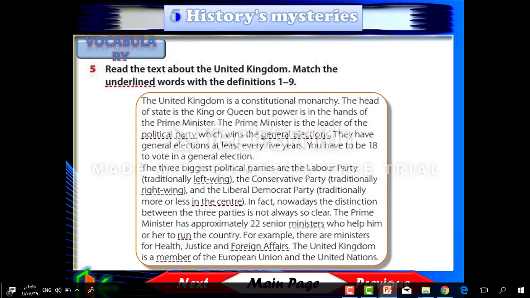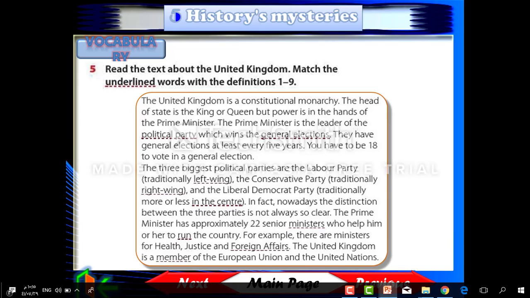The 3 biggest political parties are the Labour Party, traditionally left-wing, the Conservative Party, traditionally right-wing, and the Liberal Democrat Party, traditionally more or less in the center. In fact, nowadays, the distinction between the 3 parties is not always so clear.